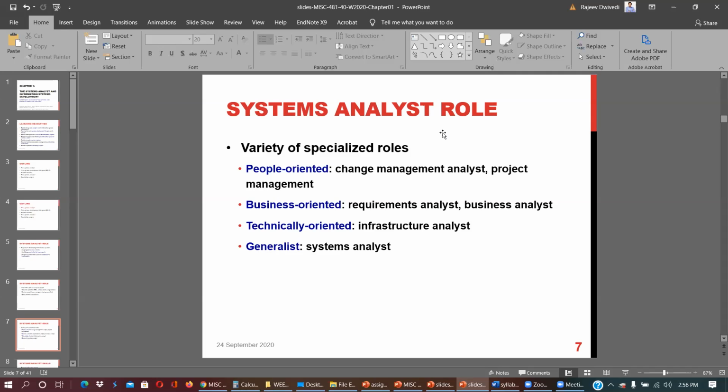This is the biggest part. Therefore, you are learning marketing, human resources, finance, IT, statistics and decision science, so it is a multifaceted role.